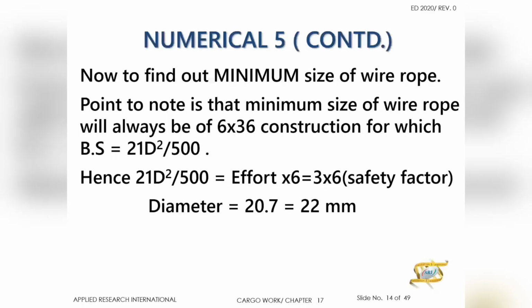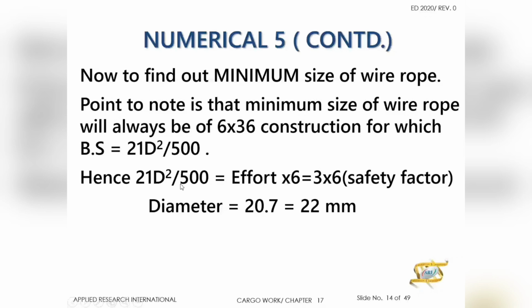6 will always be of the construction 6 into 36, for which I know the breaking stress formula is 21d square by 500. So we get the equation 21d square by 500 is equal to effort into 6, where again 6 is the factor of safety.